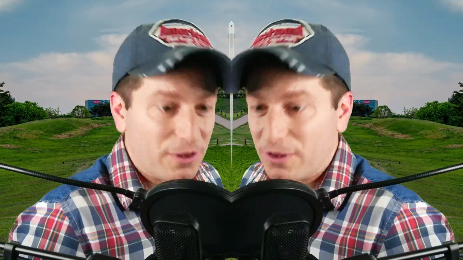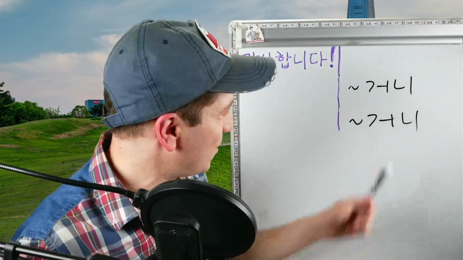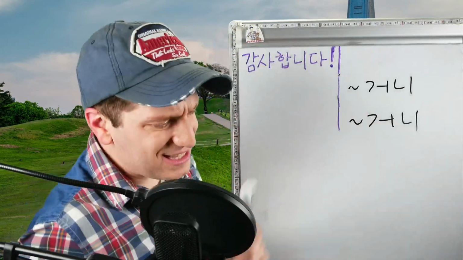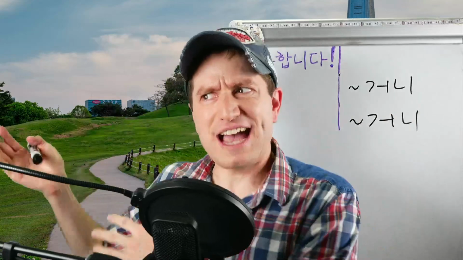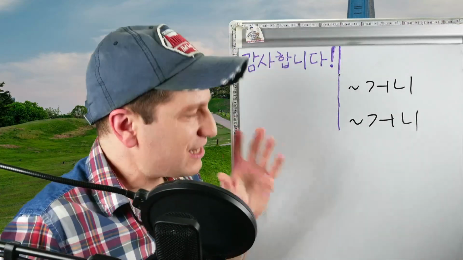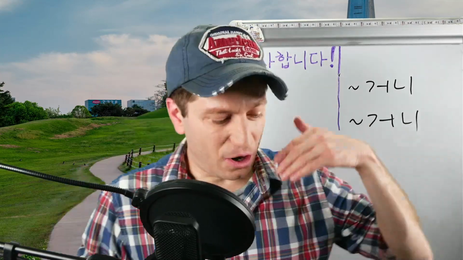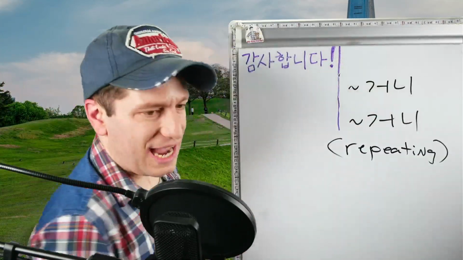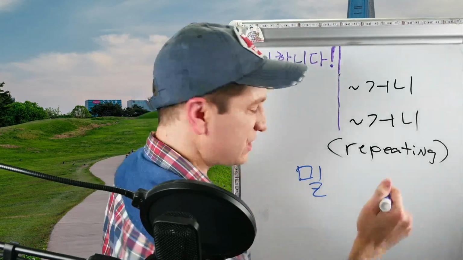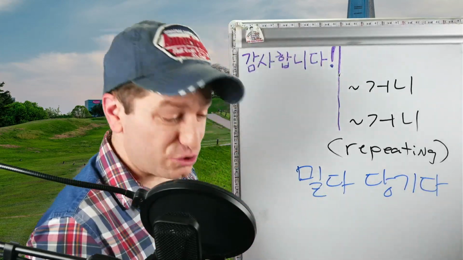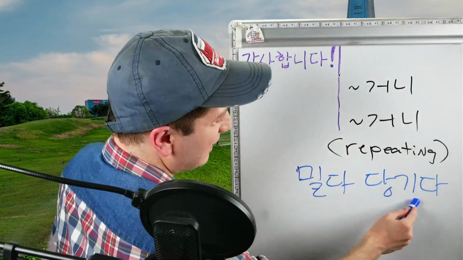You're not seeing double. This is the form repeated twice, 건의 and 건의. But this doesn't mean you're confirming something about the past twice. It's actually a different form that is used to show that two related verbs are repeating. For example, 밀다, to push something, and the verb 당기다, meaning to pull. 밀거니, 당기거니.